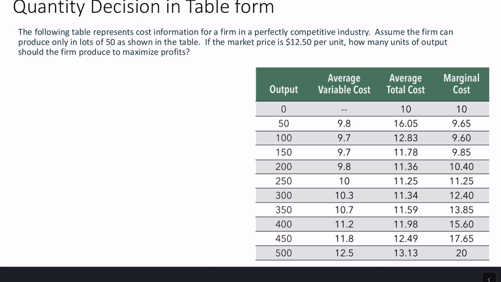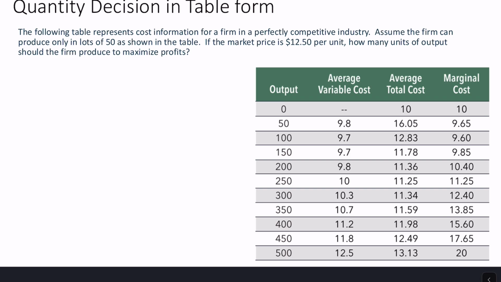Okay, another way I can ask you is on a table instead of a graph. This following table represents cost information for a firm in a perfectly competitive industry. Assume the firm can produce only in lots of 50, as shown in the table. If the market price is $12.50 per unit, how many units of output should the firm produce to maximize profits?